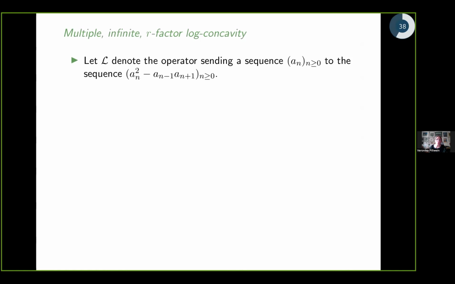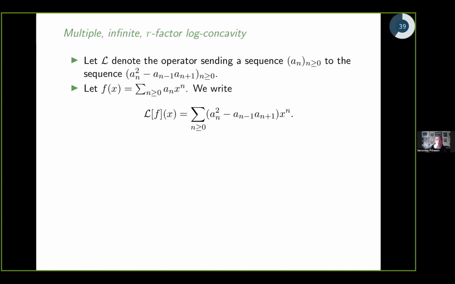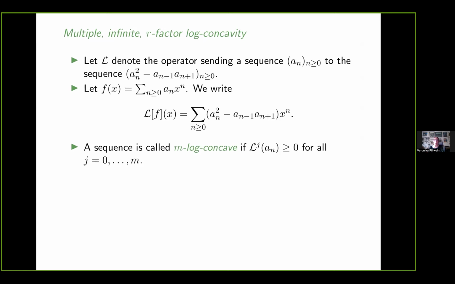Apart from log concave, let's now go to infinite and R-factor log concave. If I denote the operator that takes my sequence a_n and goes to a_n squared minus a_(n-1) times a_(n+1), then I will use this notation to denote the corresponding generating function or polynomial. I call a sequence m log concave if I apply this operator L up to m times, and it's greater or equal to 0 for each of these powers.